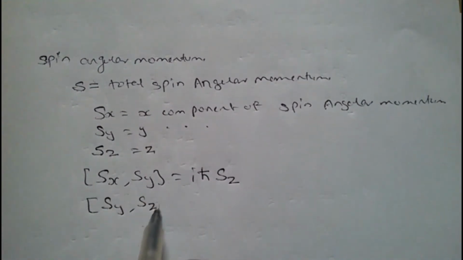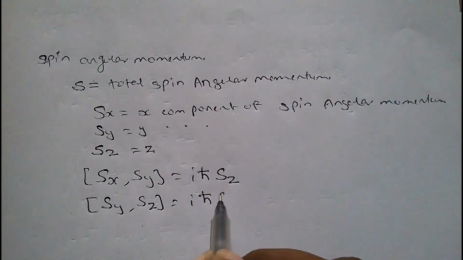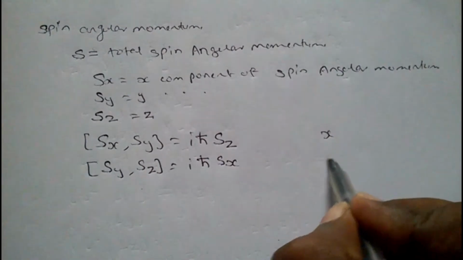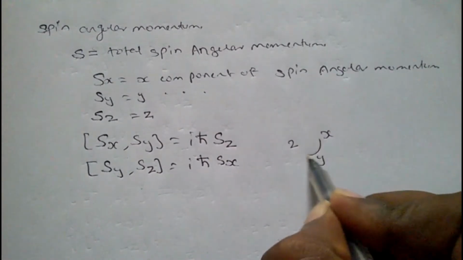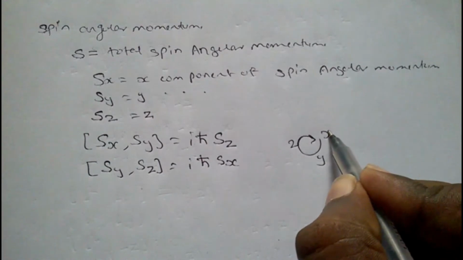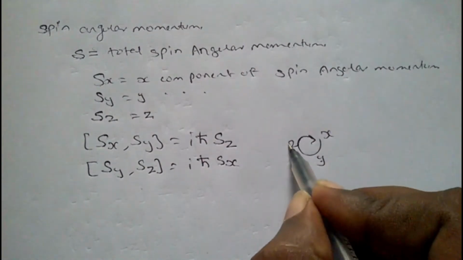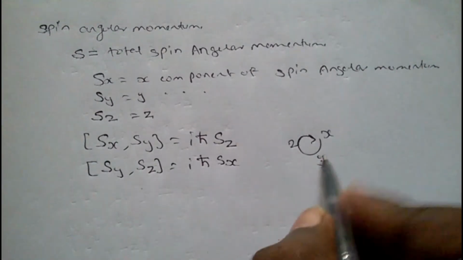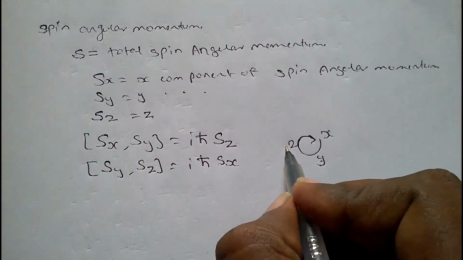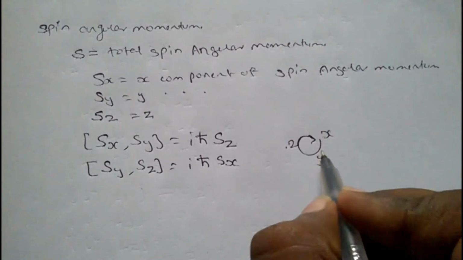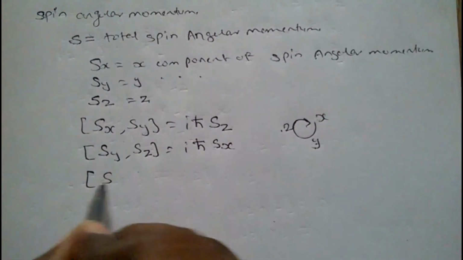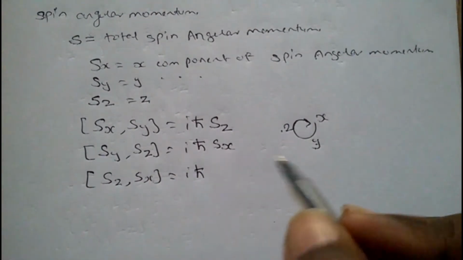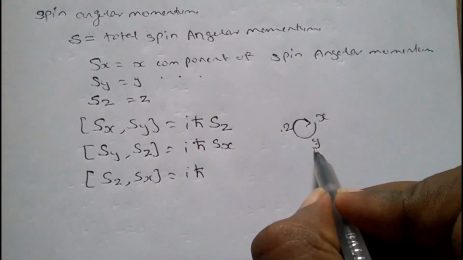Sy Sz equal to i h cross Sx, and Sz Sx the value is i h cross Sy.